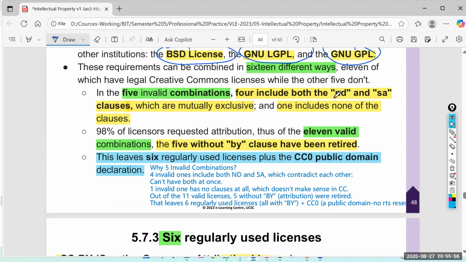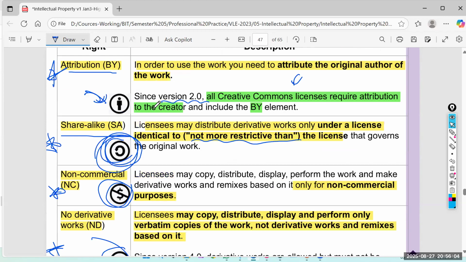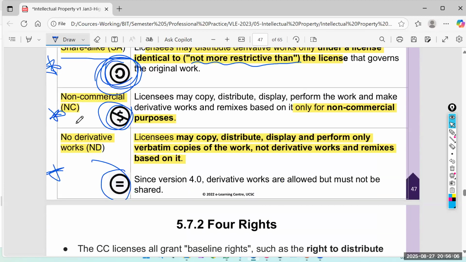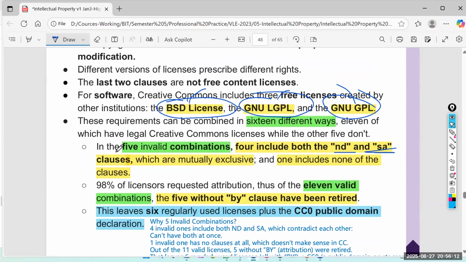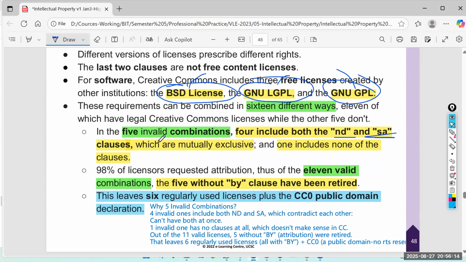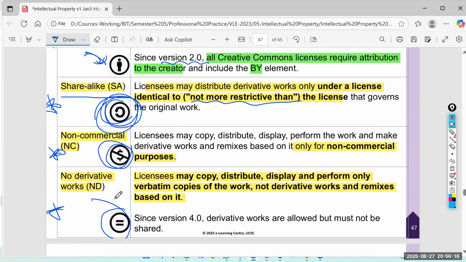And you can't have both ND and SA, right? What is meant by ND? No derivative. That means other parties can't change the content. Then SA means share alike. Of course, if no derivatives are allowed, there's nothing called share alike, right? There's no question of that.